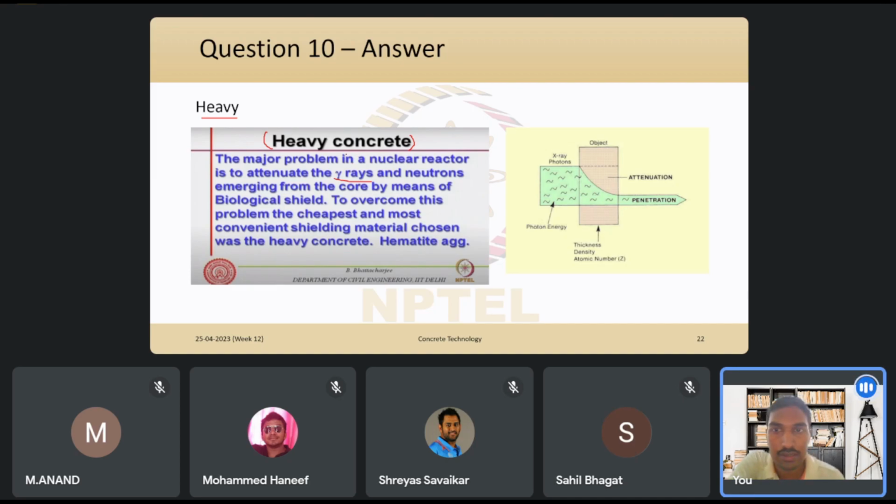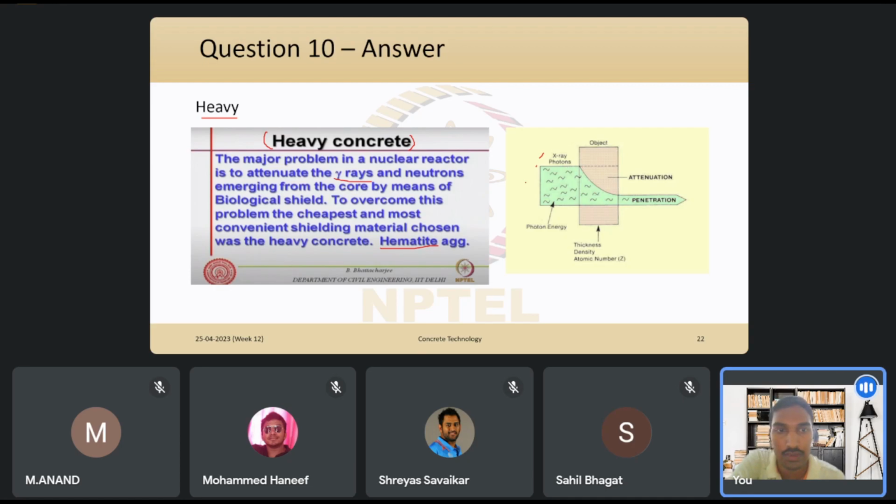For this we'll make use of heavy concrete. So what is heavy concrete? Heavy concrete is one type of concrete where we use heavy aggregates such as hematite, which give you better resistance to X-rays and photon rays penetrating it.